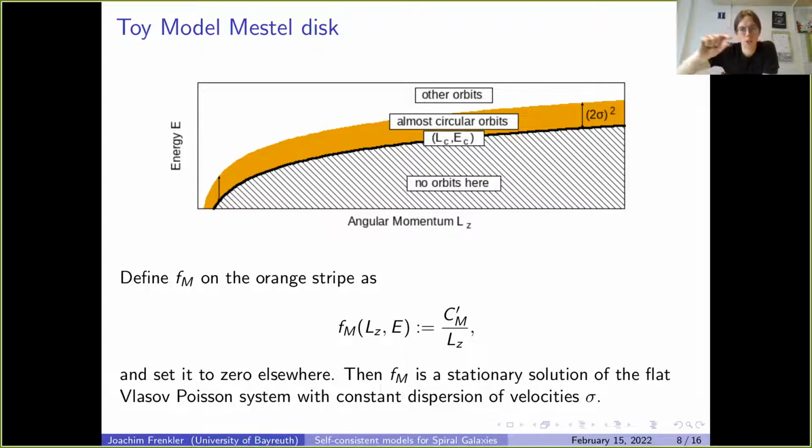And these bumps and wiggles will be much larger than the thickness of this orange stripe. But as long as we choose this orange stripe along the curve LC-EC and follow all the bumps and wiggles which are caused by the potential, we will be able to construct self-consistent dynamics for the interstellar medium too.